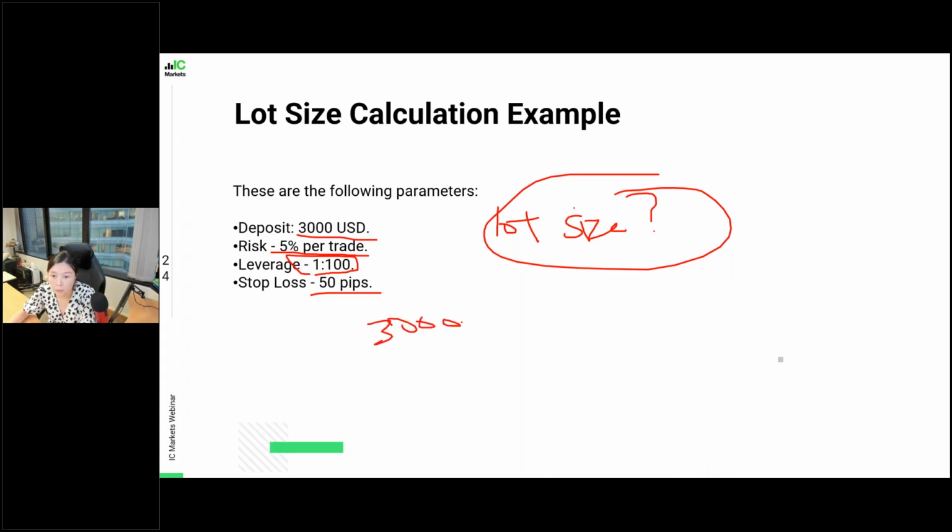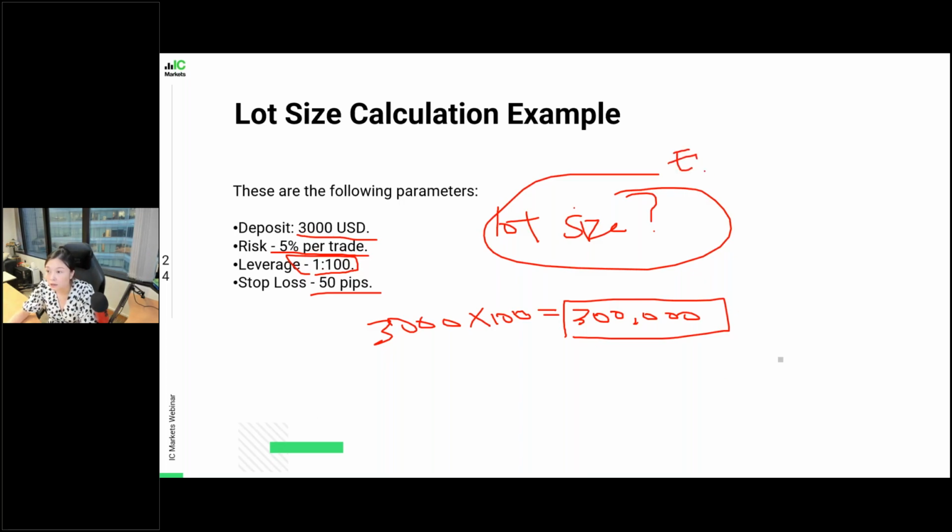For a deposit of 3,000, if I have a leverage of 100 times, it gives me 300,000, correct? So this is the total amount that I can trade with, even though I have only $3,000.